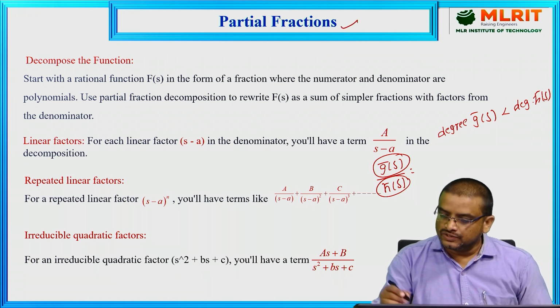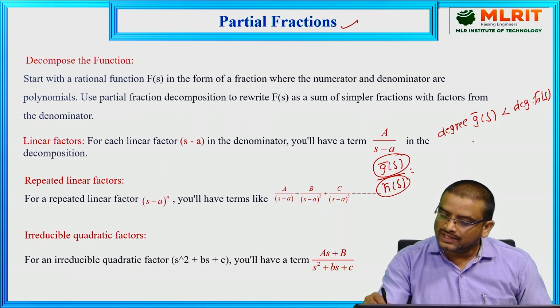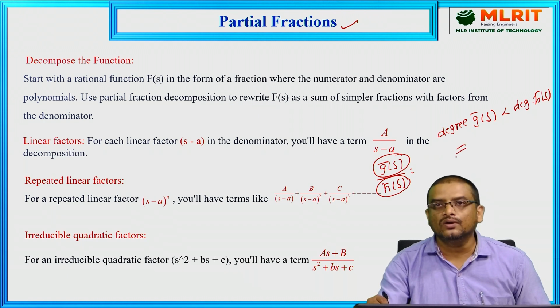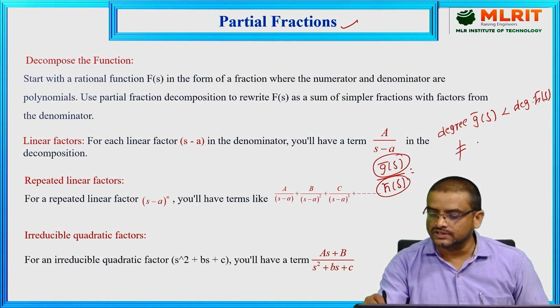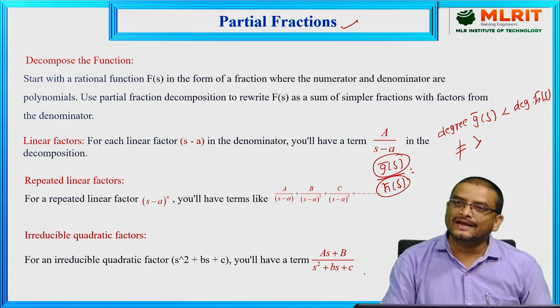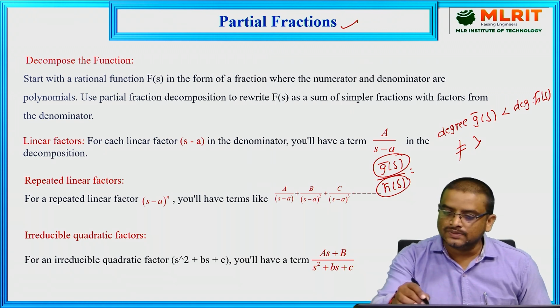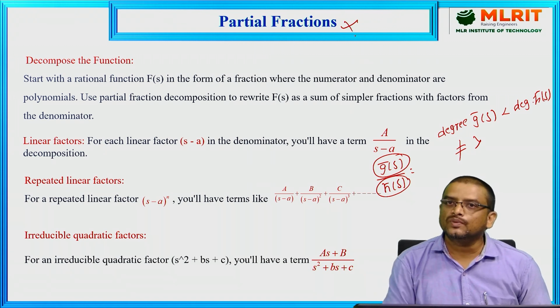Suppose the numerator degree and denominator degree are equal, then it is not possible to convert into partial fractions. Even if the degree of the numerator is greater than the degree of the denominator, then splitting into partial fractions is not possible.